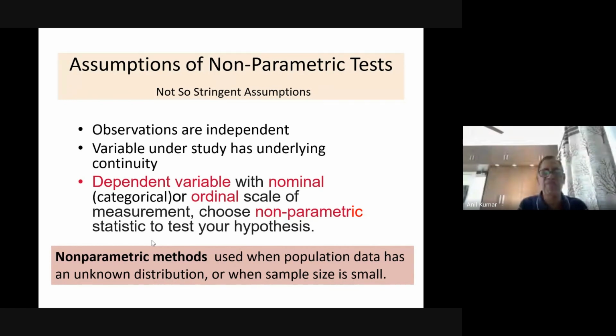Another variation from the use of parametric test is that in a parametric test, you have seen that the dependent variable should be in ratio and interval scale.